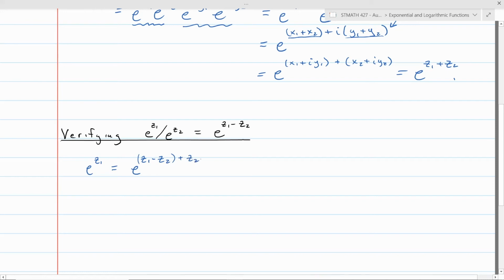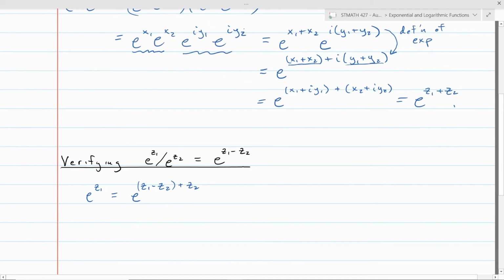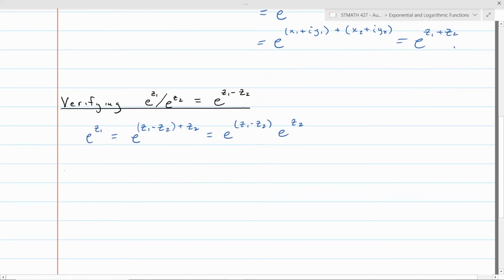And now you could use the property that we already proved for the sum of the exponents and write this as e to the z1 minus z2 times e to the z2. And then we know that e to the z2 is not equal to 0. That was one of the properties of exponentials. So we can divide both sides by e to the z2, and you end up with e to the z1 minus z2 equals e to the z1 divided by e to the z2, as advertised. So we kind of get that one for free.